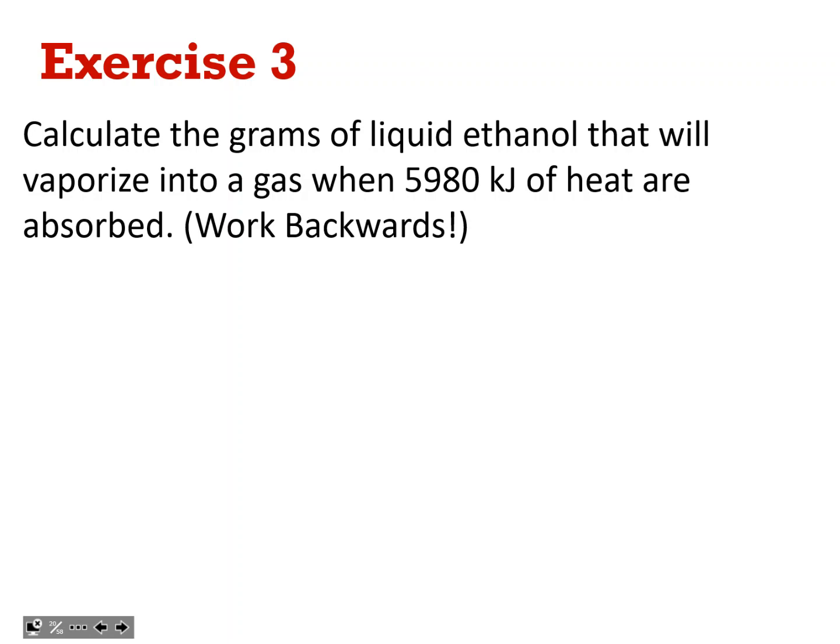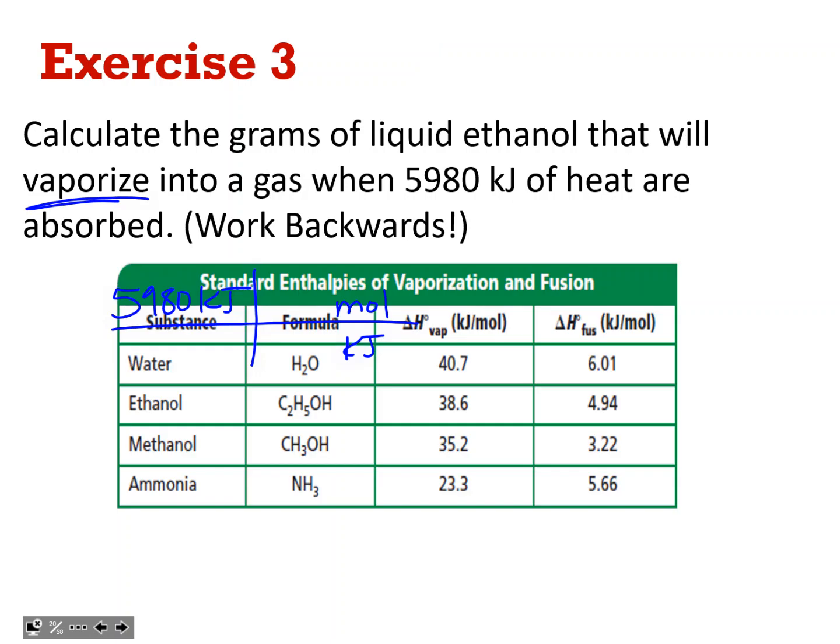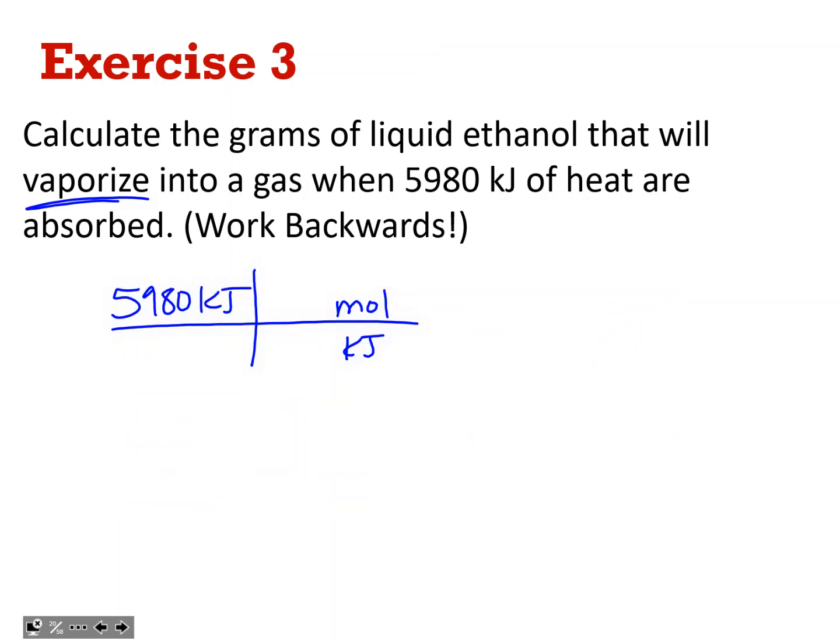So we're starting with the heat in this case. That means I would put the kilojoules down here and the moles up here. Now it says we're vaporizing? So which number do we need? We need vaporization of ethanol right here, 38.6.